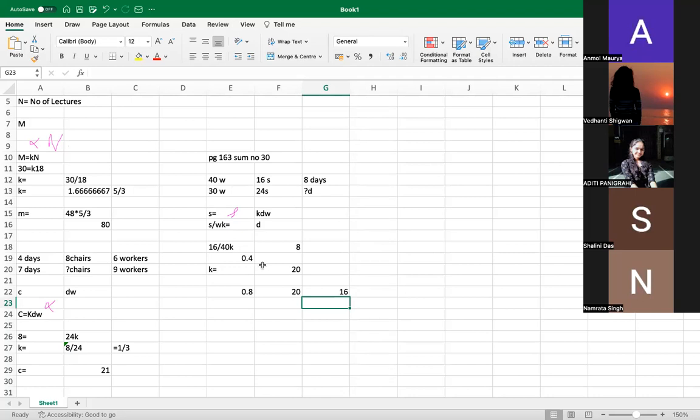So I found that out, and when I equated it, I found K also here. So it varies by 20 units. Same way, I applied it to the other half of it. 30 workers, 24 shelves, and how many days does it require? Will you copy it?